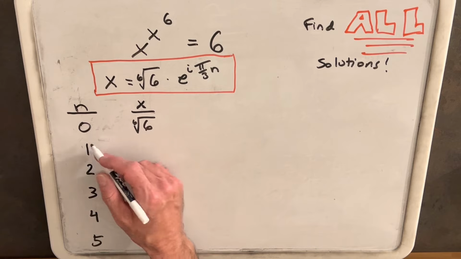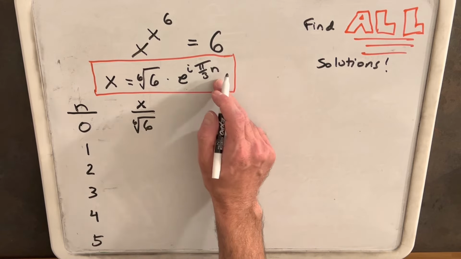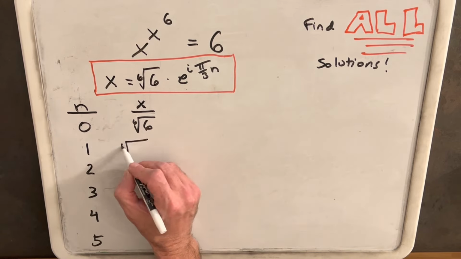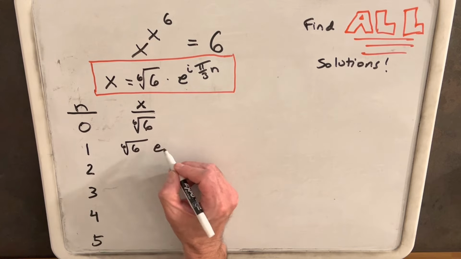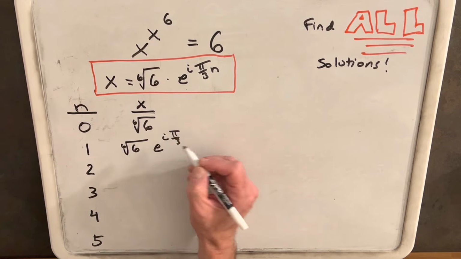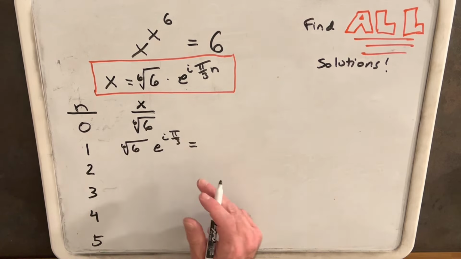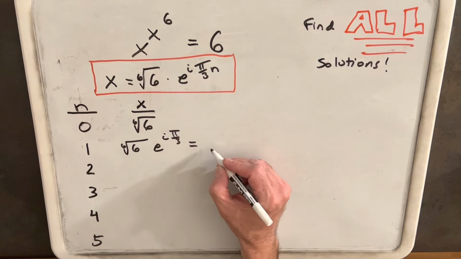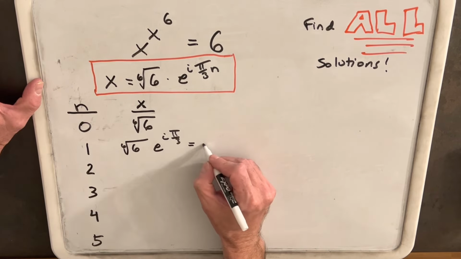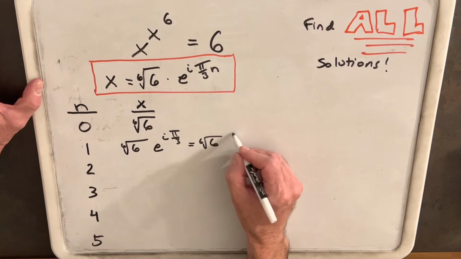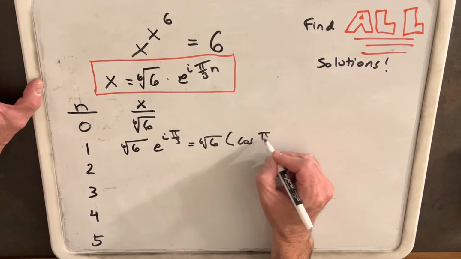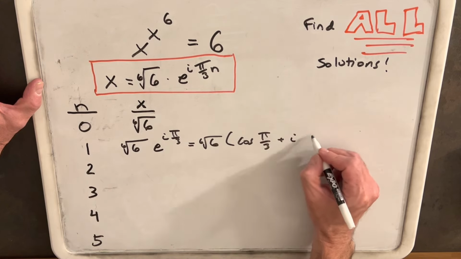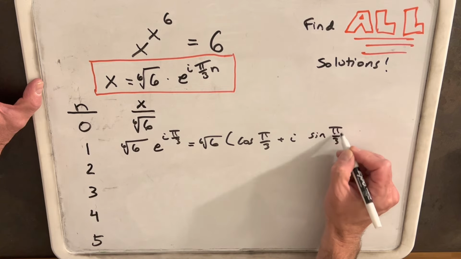Now next we can take 1 for n, plug that in. We'll have the 6th root of 6 times e to the i pi over 3. Then we can reduce this using Euler's formula. This is going to be the 6th root of 6 times cosine pi over 3 plus i sine pi over 3.